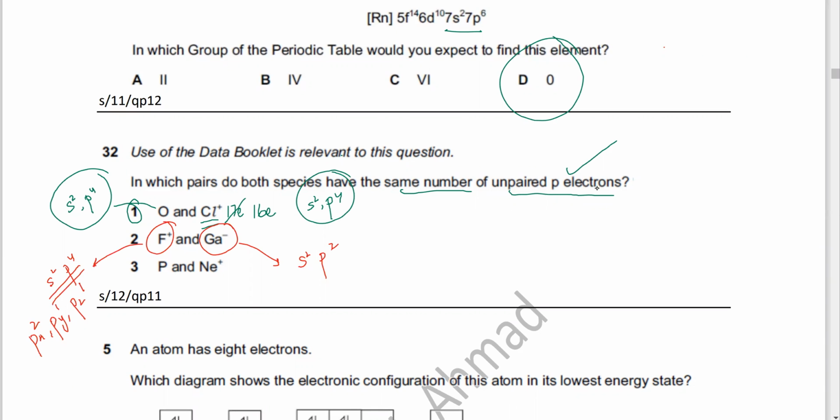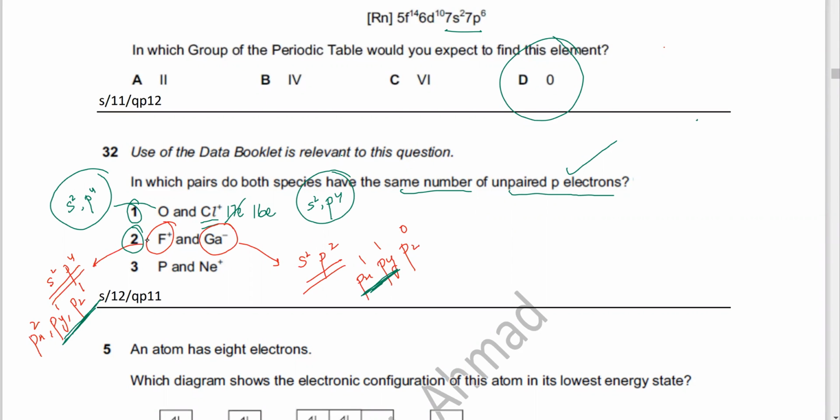So this is the electronic configuration of p4. What's the electronic configuration of p2? It's going to be px, py, pz, 1, 1, and 0. Now, if you count the number of unpaired orbitals, that's 2 over here. And over here, the unpaired orbitals are also 2. One of them is full, the other 2 are unpaired. So the number of unpaired orbitals is still the same. So 2 is also definitely correct.